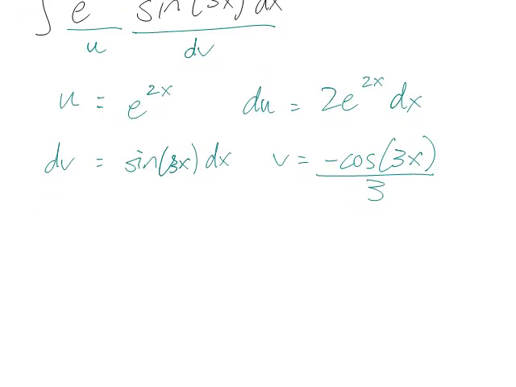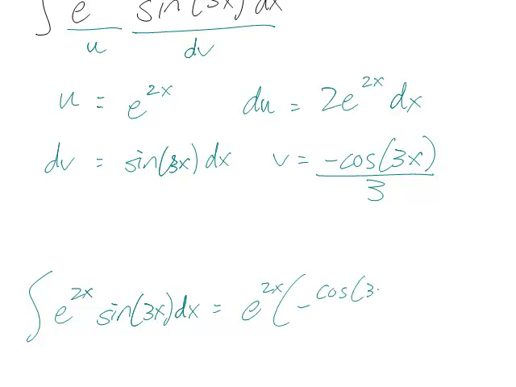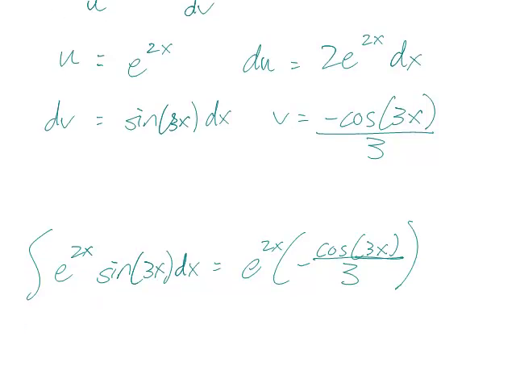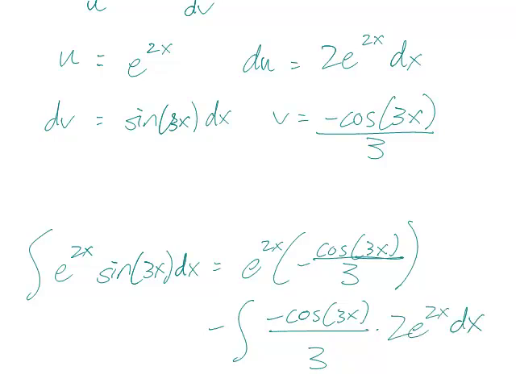Anyway, let's use the integration by parts formula: the integral of e to the 2x sine 3x dx is equal to uv, that's e to the 2x times minus cosine 3x over 3, minus the integral of v du, that's minus cosine 3x over 3 times 2e to the 2x dx.